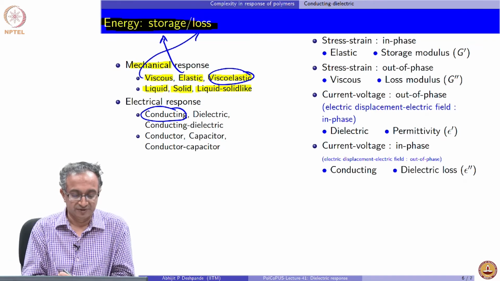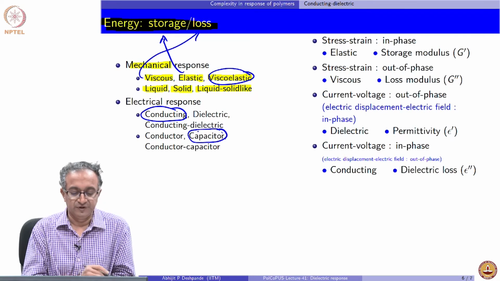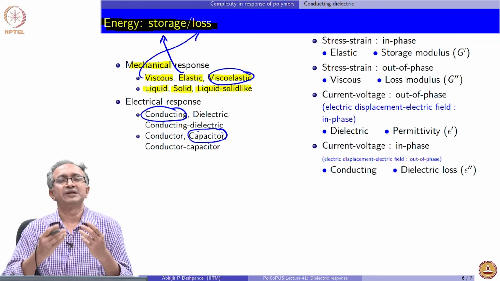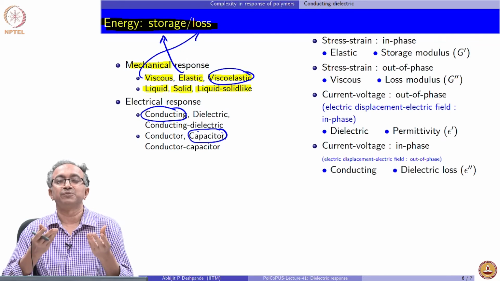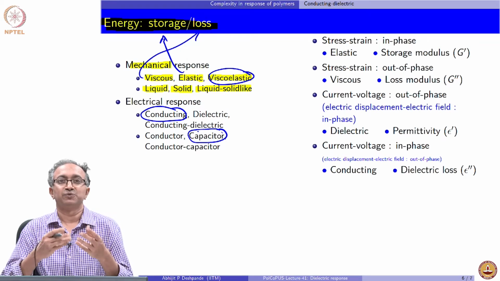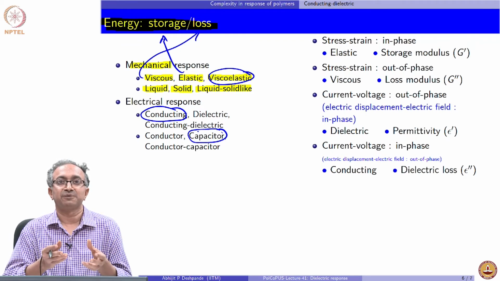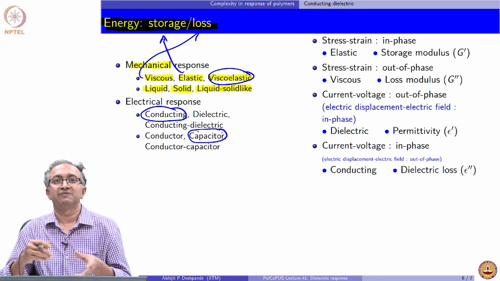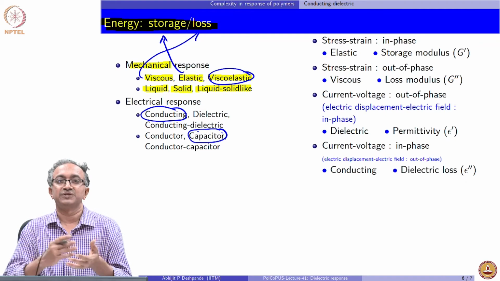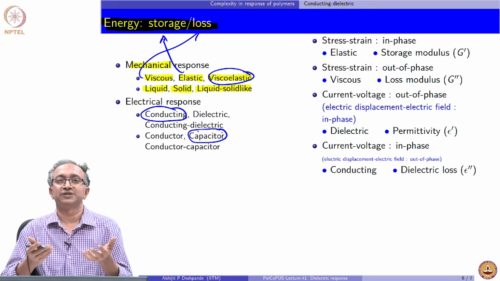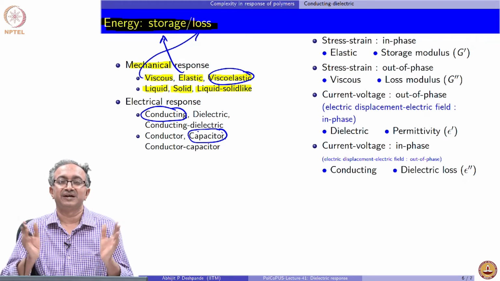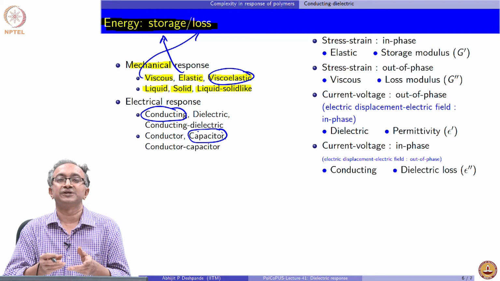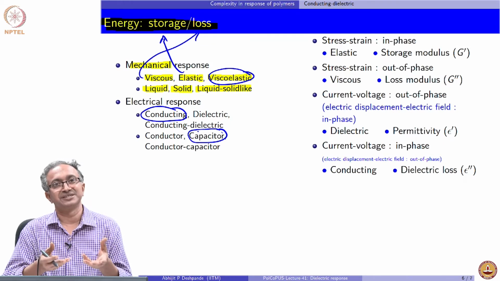While a capacitor on the other hand, we know stores charge. We usually think of a capacitor as a set of dipoles, a material which has dipoles which can orient, and when an electric field is applied, the dipoles get oriented, and when the electric field is removed, the dipoles come back. So, this is an energy storage phenomenon where the electric field which is applied in the form of voltage gets stored in the material by way of dipole orientation.